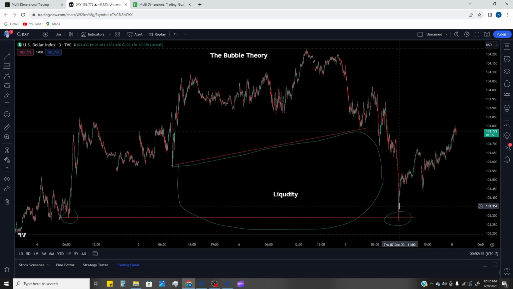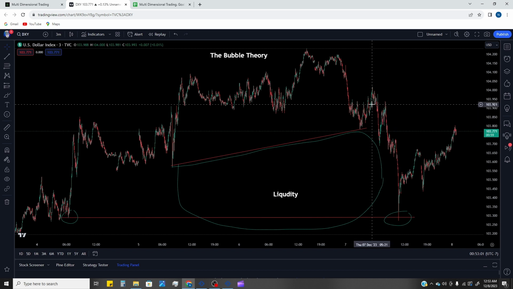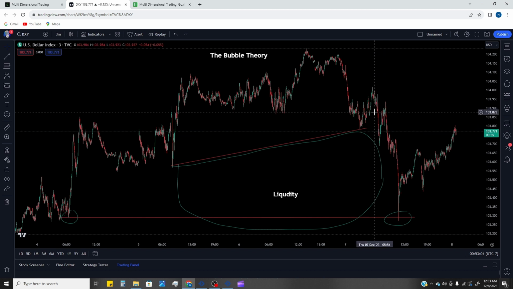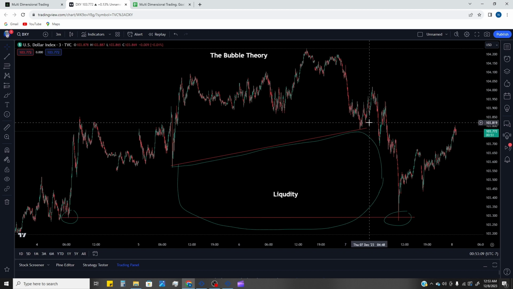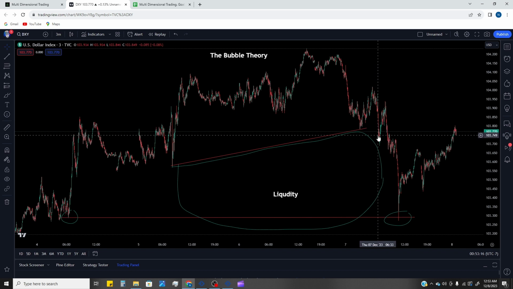Even if a price was suppressed to the downside, there would be a good bubble on top of it, right? And price would run up into that bubble. But in this video, we're going to show how to find liquidity to take the long position rather than the short position. We'll get to that in maybe a future video. But the concept works literally the same.